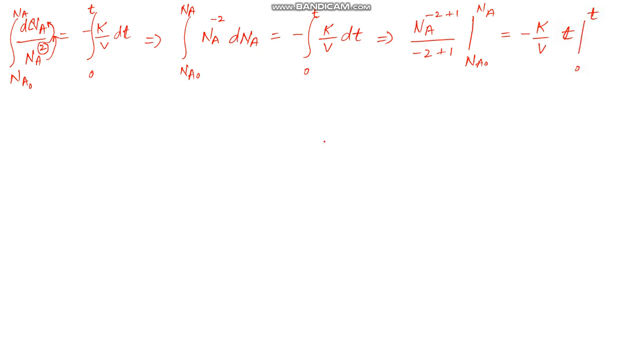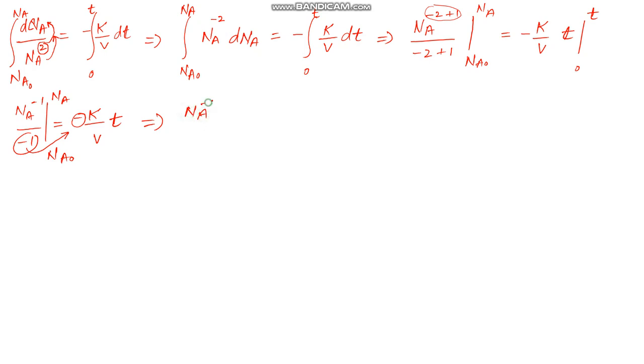Okay, so just resolve it. It will be Na to the power minus 2 plus 1, divided by minus 1, is equal to minus K over V t. Sorry, you also need to apply the limits here. So this minus multiplied by this minus, just take this minus 1 to the other side, both will be multiplied and it will be positive.